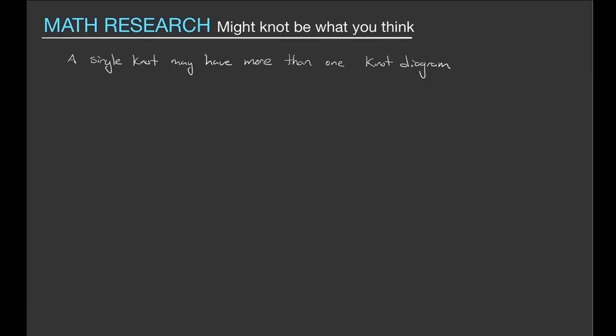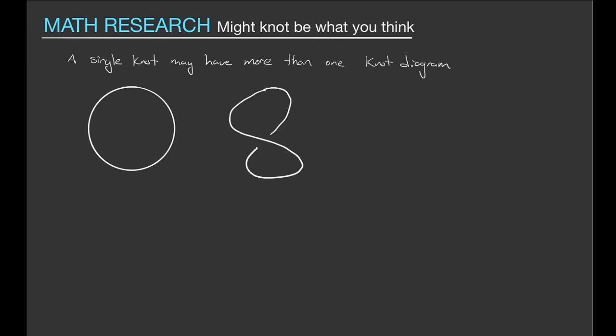Now here's where things start to get fun. You can have a single knot represented by more than one knot diagram. For instance, we can have the unknot, which is simply the one sphere, just a circle with no obvious knotting, but we could have different diagrams that still represent this knot. For instance, we could have this diagram, where there's essentially just a twist, or we could have a diagram like this.